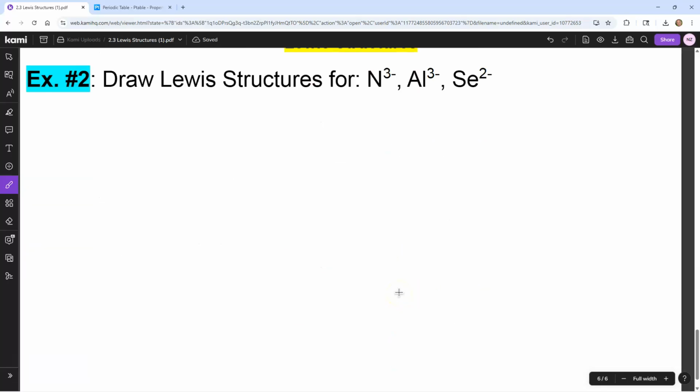So let's do the ions of nitrogen, aluminum, and selenium. Okay, so we know that nitrogen has 5 valence electrons, but here it has a charge of -3. So it is going to lose 3 electrons.